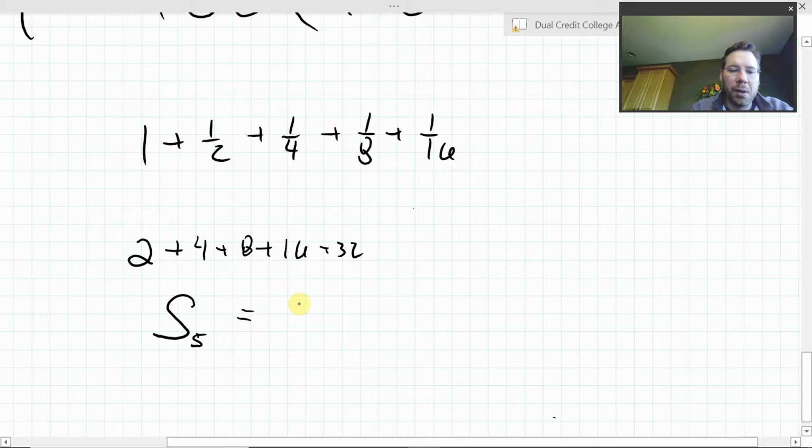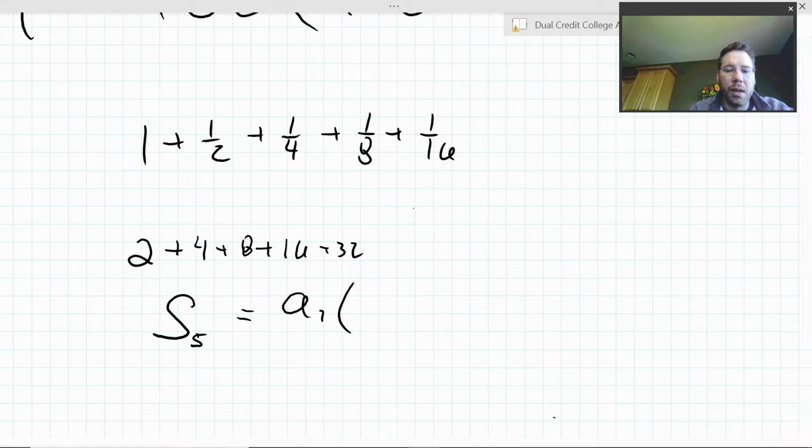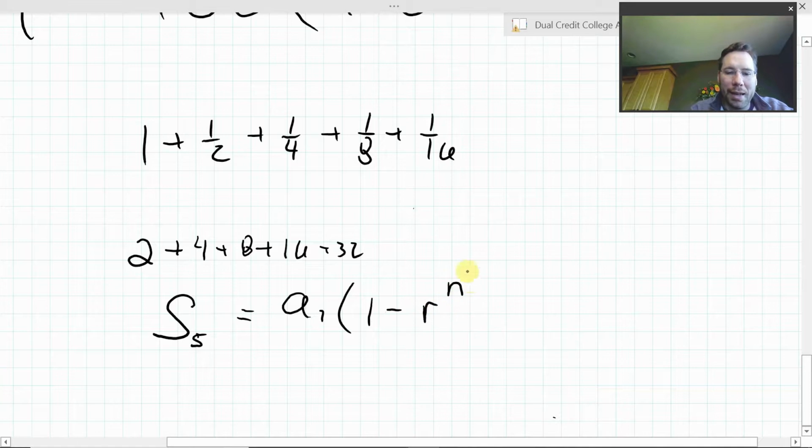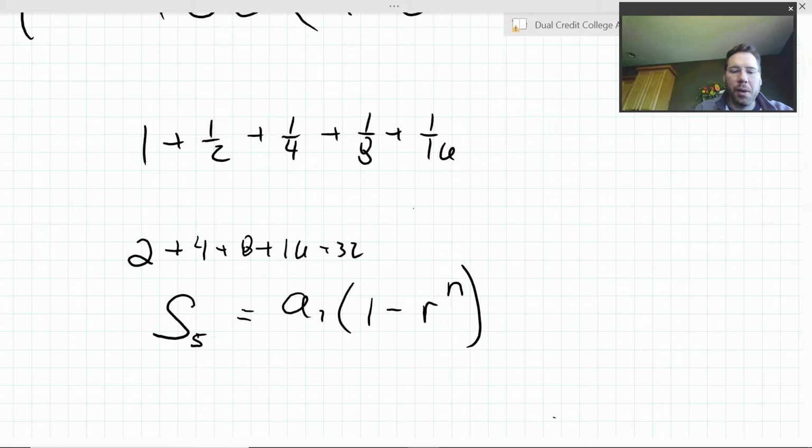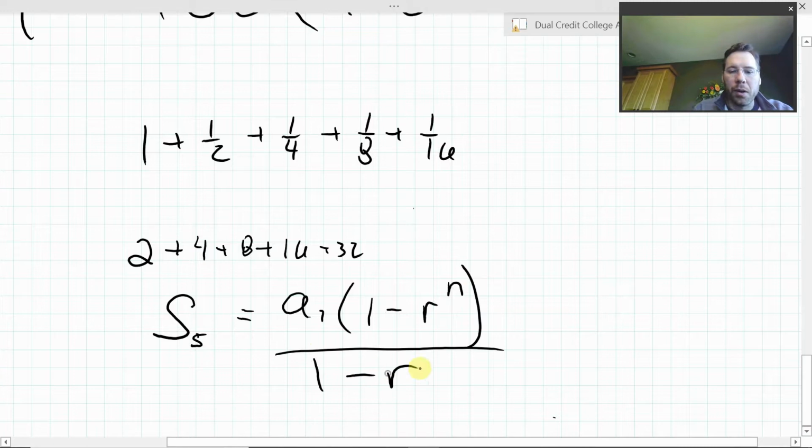It's going to be the first term, so A1, so the sum S sub 5 equals A sub 1 times 1 minus R to the n. So A1 times the quantity 1 minus R to the n, and just that R is being raised to the n power, all over 1 minus R. So we can see the sum of these first 5 terms here. So we get 14 plus 16, 30. So this sum is supposed to be 62. So let's see if this formula is working.